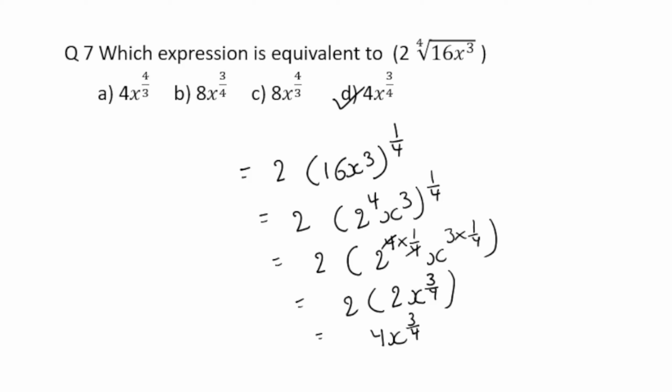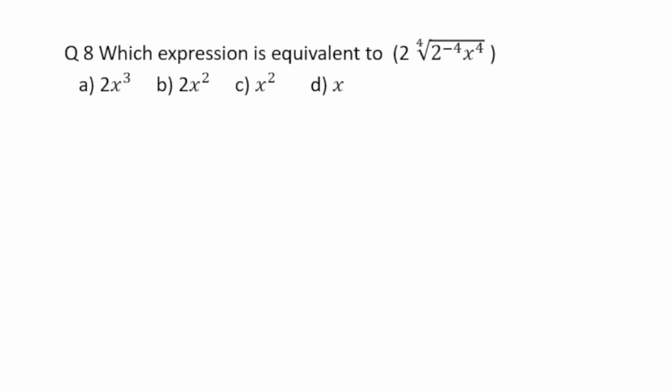Similarly, now move to question number 8. Which expression is equivalent to 2 times the fourth root of 2 to the power minus 4, x to the power 4? The question looks the same as the previous one, but it is different. This fourth root is the 1/4 power of 2 to the power minus 4, x to the power 4.